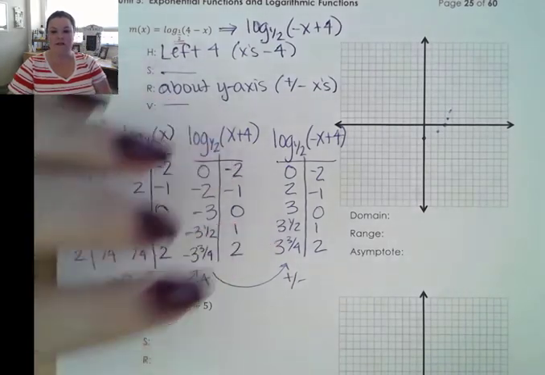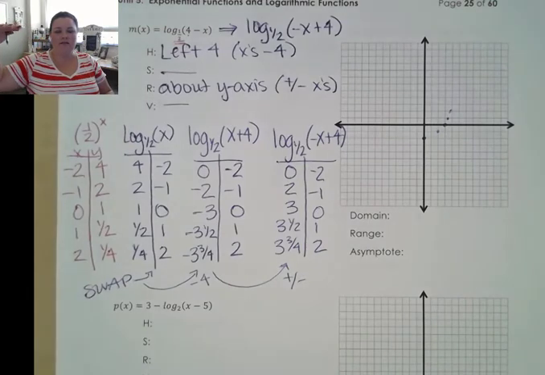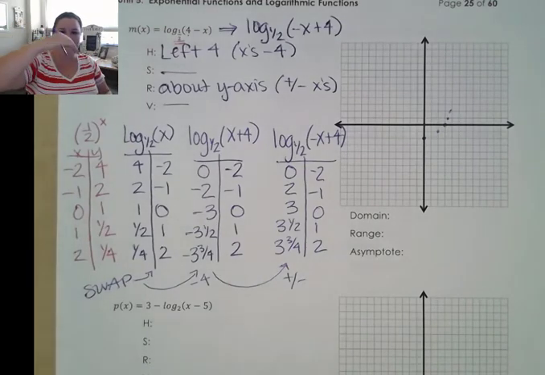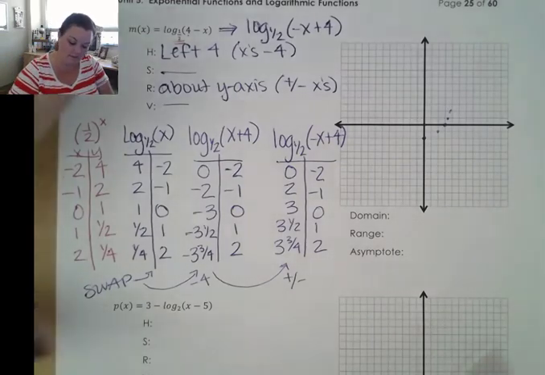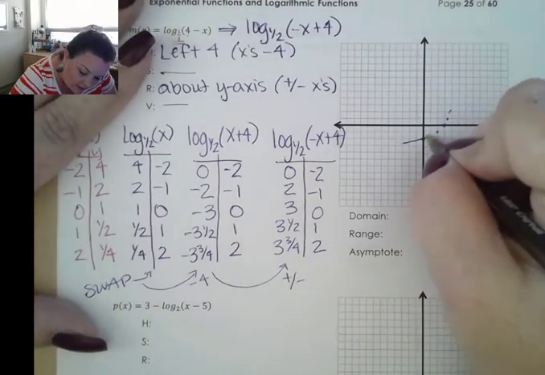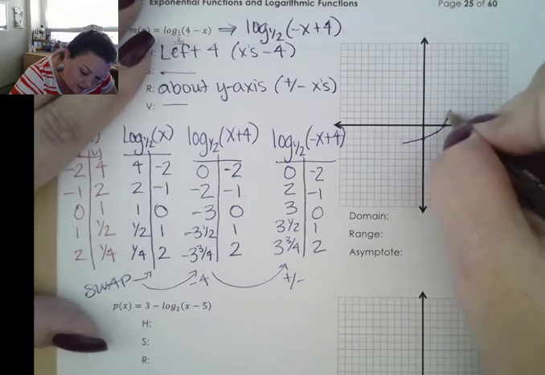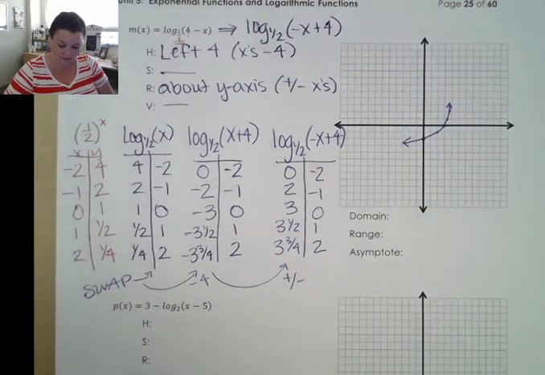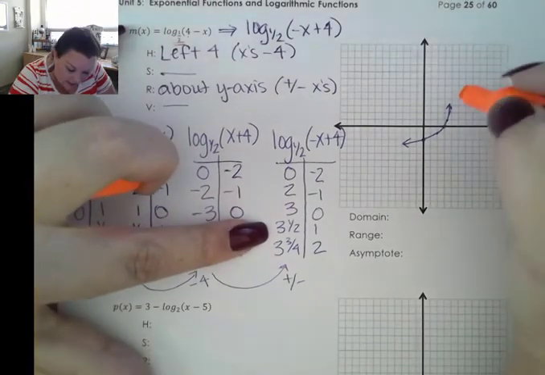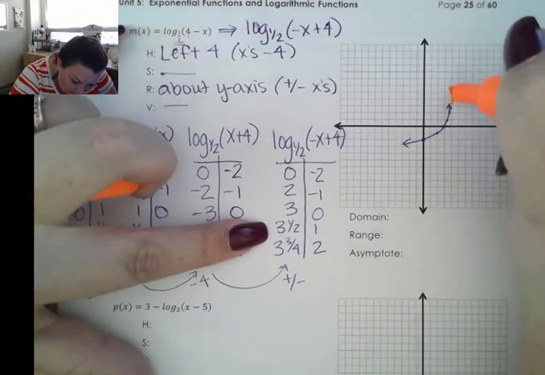So notice your log is going to come to the side and it's going to bend right at the asymptote. It's either going to bend up at the asymptote or it's going to bend down at the asymptote. So we can see here this one's coming in and it starts bending up at 3, to avoid the asymptote, which here is going to be at 4.